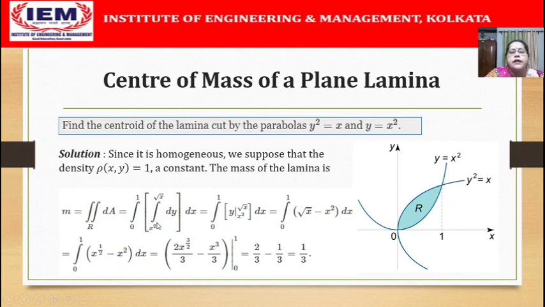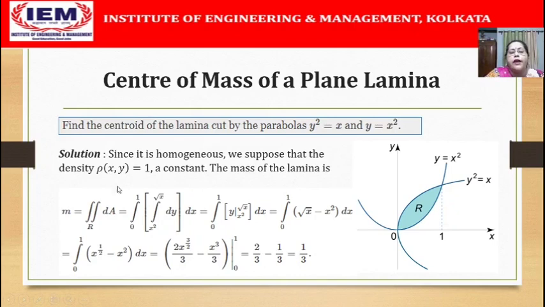So here we can see in this integral we have put the limits of y from x square to root x. And what are the limits of x? The minimum value of x is 0 and the maximum value of x is 1, as the point of intersection of the two parabolas is (1, 1).